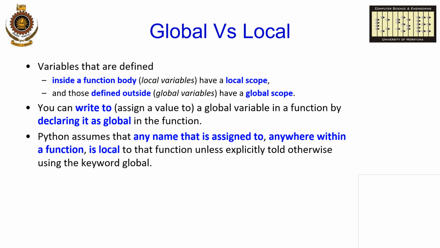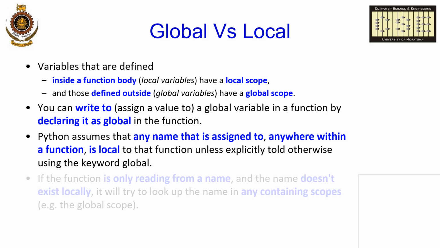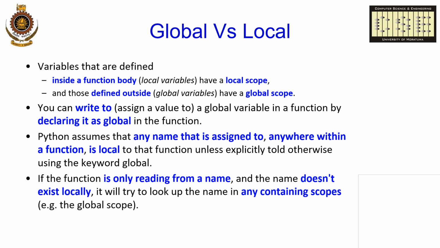So always know that a variable defined within a function has a local scope within that function. If a function is only reading from a name and the name doesn't exist locally, it will try to look up the name in any containing scopes, for example, the global scope.